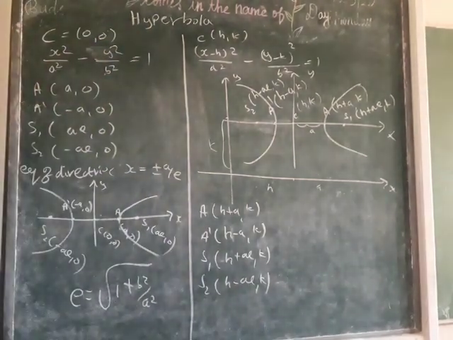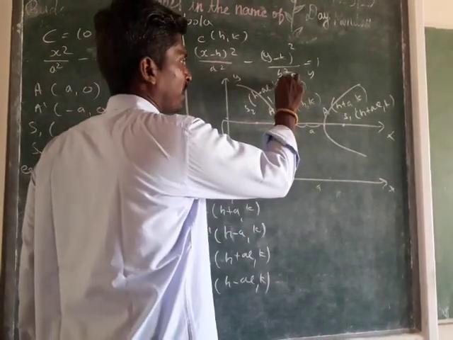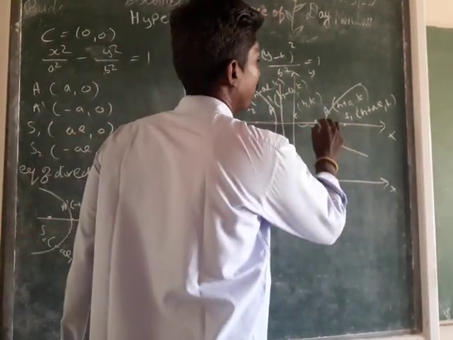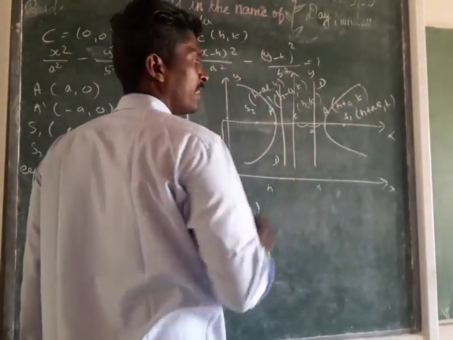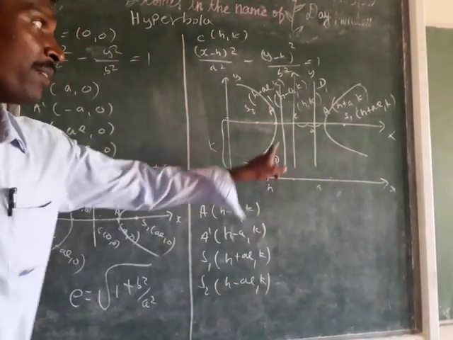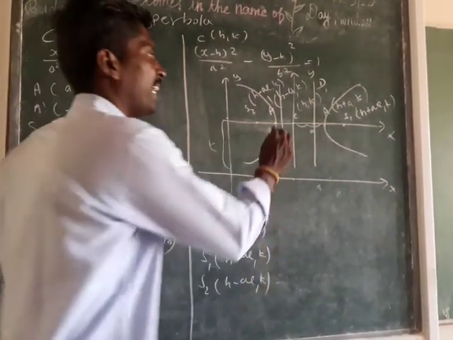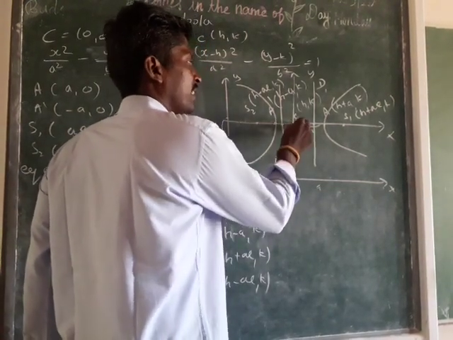Then you have to find the equation of the directrix. It lies after the vertex, so the equation of the directrix will come. D1, I can take D2 also, the equation of the directrix. The distance between that particular point to C is ae. So total height, then you can subtract here.